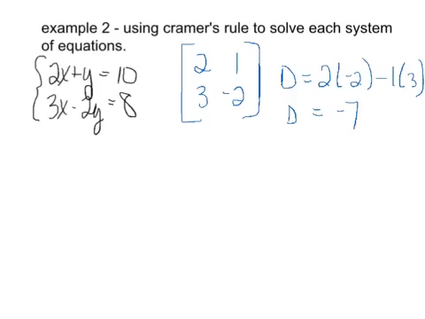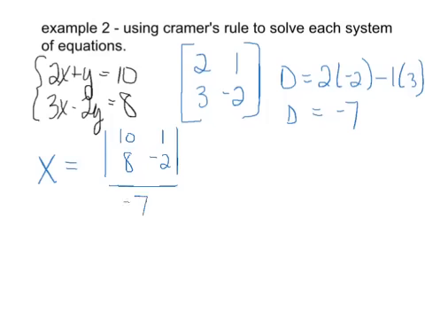Now let's solve for x. First, I'm going to replace this column with my constants, so 10 and 8, 1 and negative 2, over what we just found was D. 10 times negative 2 minus 1 times 8, over negative 7.